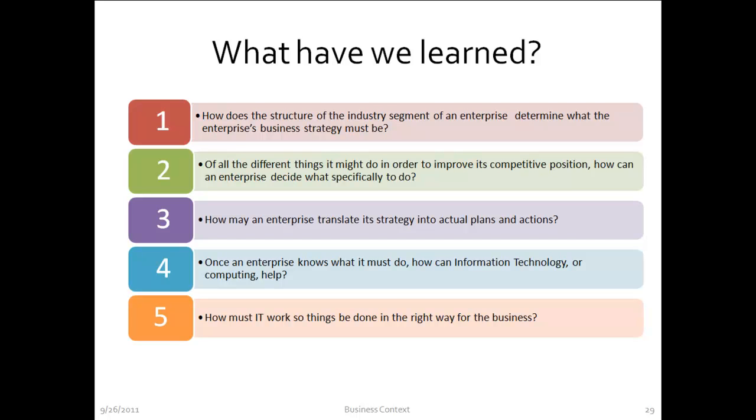We used the balanced scorecard to describe how an enterprise can holistically translate its plans into actions. We looked at how information technology or computing can help, specifically in services. Finally, we discussed business IT alignment, which captures how IT organizations must work across multiple dimensions in order to integrate well with their enterprise or their business.